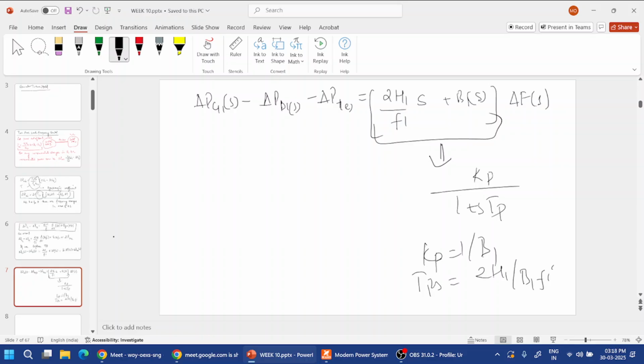You can go through the last lecture derivation where we derived this in a generator turbine model.